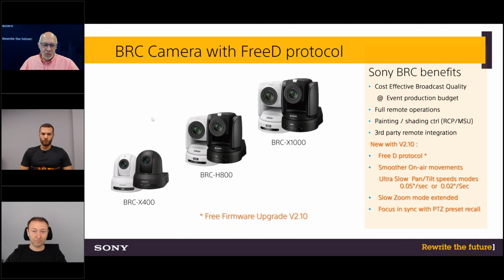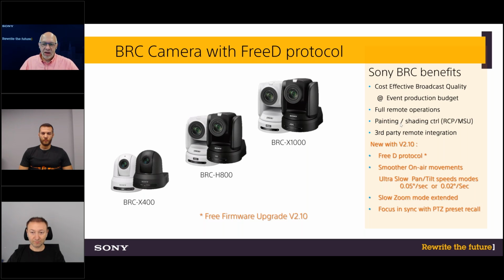So the 3 cameras which have been upgraded last week to version 2.10 are the BRC-X400, H800 and X1000. All of them are using a 4K sensor and can output HD or 4K. One of the main benefits of these cameras is they are, of course, cost effective, but still providing the full painting control you will find on HDC studio cameras.